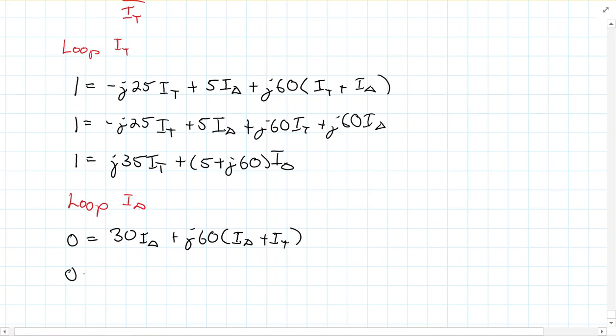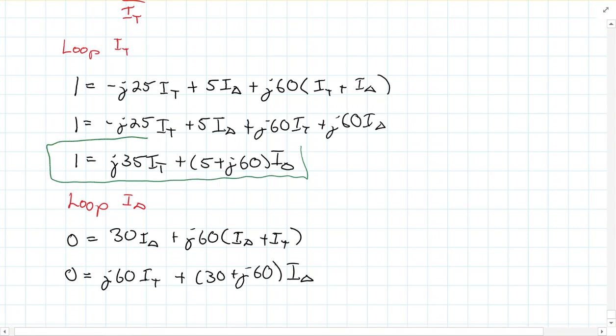So we get 0 is equal to, well, this would be J60 I test plus 30 plus J60 I delta. So what I have here is a system of equations that I need to solve.